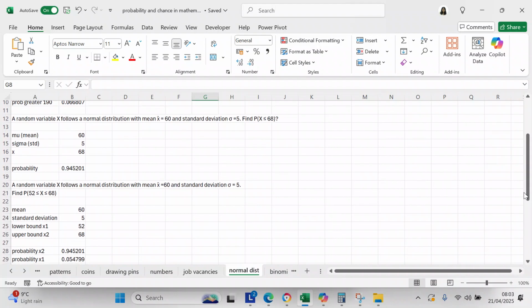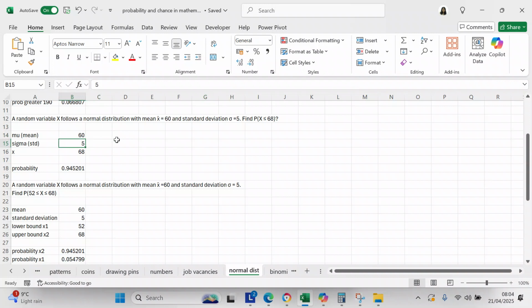So we have another question with a random variable. Random variable x follows a normal distribution with x bar equals 60 and standard deviation equals 5. Find P(x is less than or equal to 68). So mu, your mean, is 60.